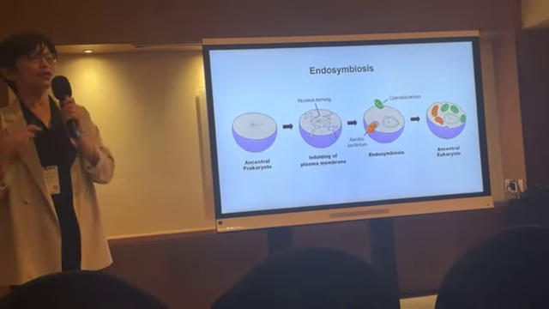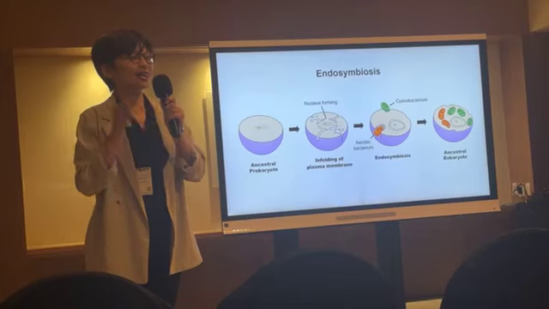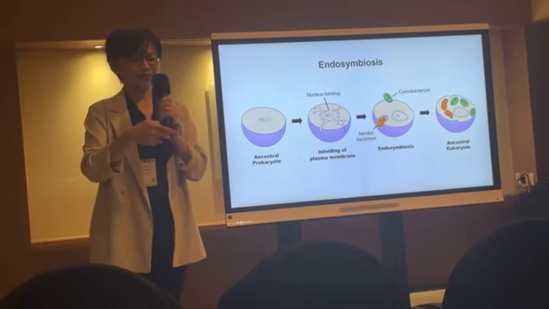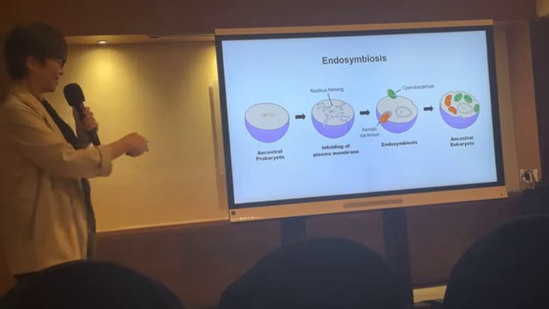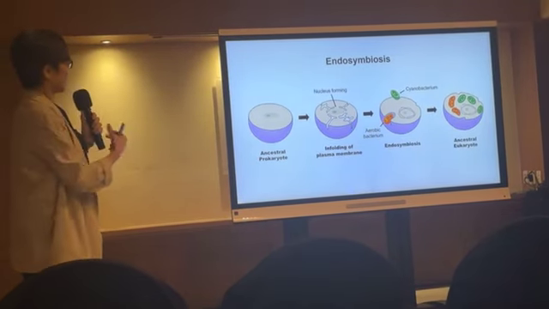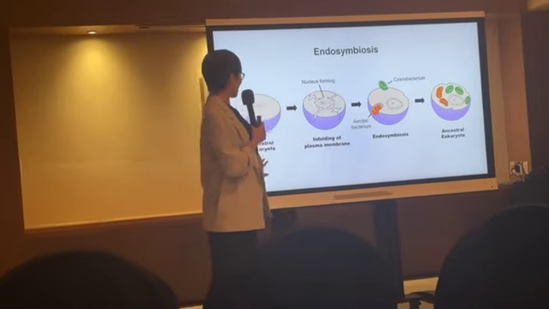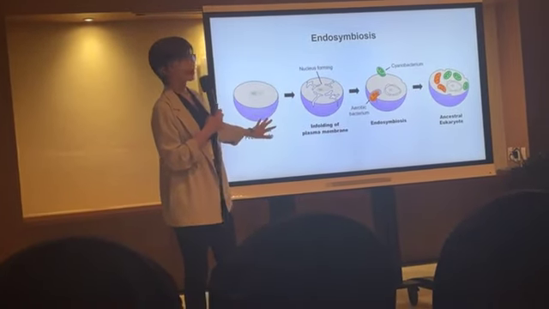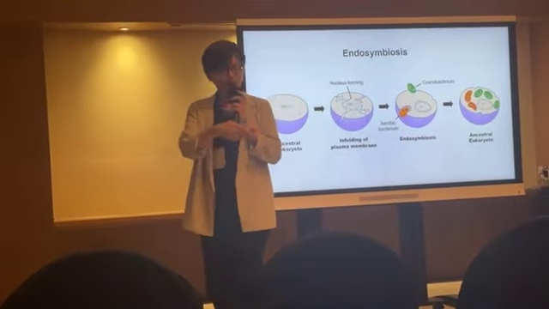And mitochondria is actually an endosymbiotic organelle in our cell that used to be a parasite that internalized into our ancient nucleated cell and then became part of our cell.